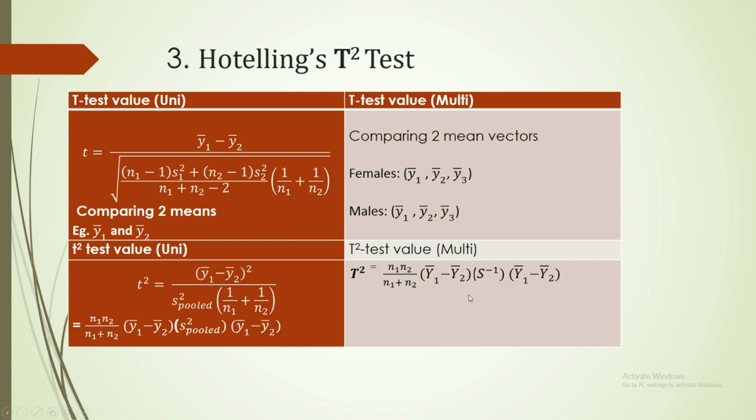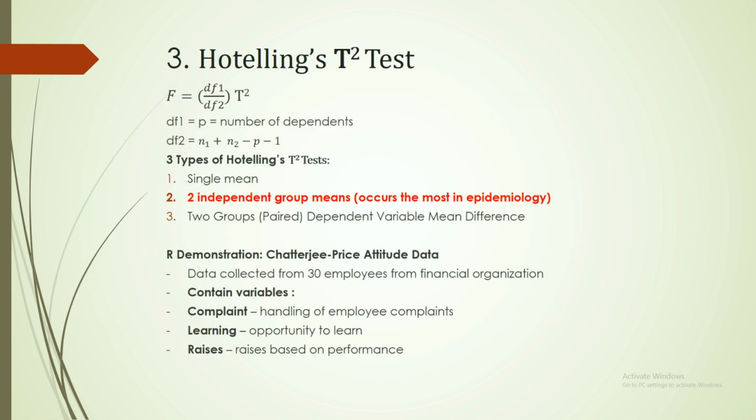So to solve this problem, instead of calculating the t, we calculate the t-squared value so that we can later manipulate this number to change it into an F value so that we can use the F table to test our hypothesis. To change the t-squared value to an F value, we need to multiply it by a fraction.